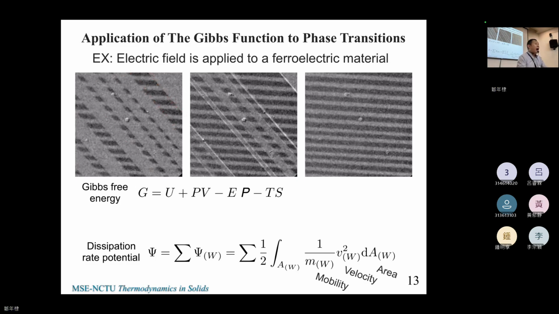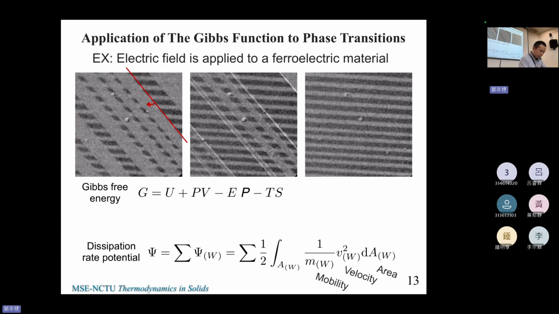Okay, how does it do that? The applied electric field will make the domain wall, the interface between the phases, move. So you can see that applying the electric field, it will grow.